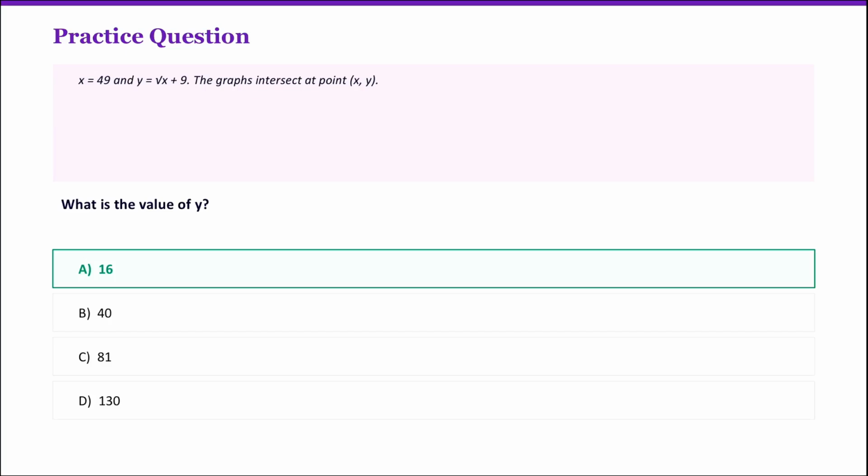We can do a practice question over here. Say x is equal to 49 and y is equal to square root of x plus 9. The graphs intersect at point (x, y). So visually, x is equal to 49 is simply the vertical straight line, x is equal to 49, and y is equal to square root of x plus 9.